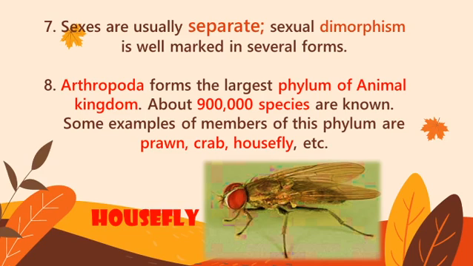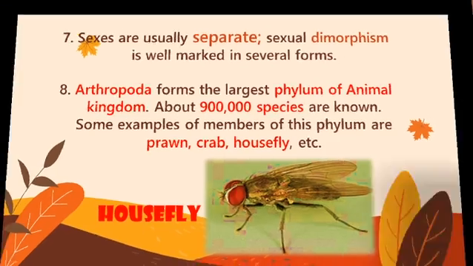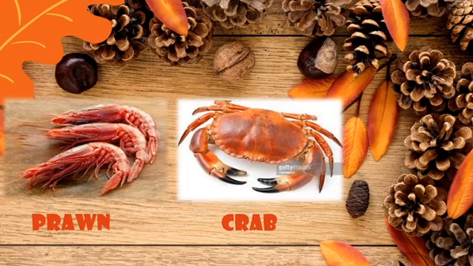About 900,000 species are known in Arthropoda. Some examples of members of this phylum are prawn, crab, housefly, etc. See this picture: we know prawn and crab very well, and we use them daily in our food diet.